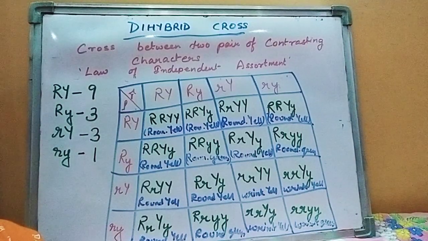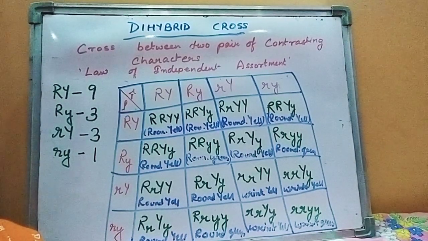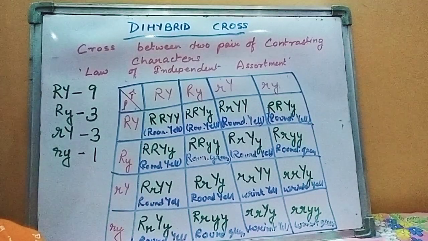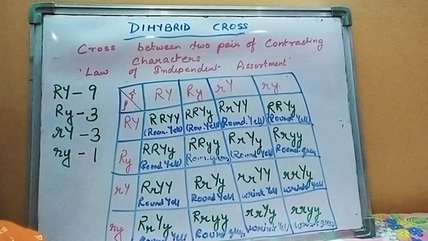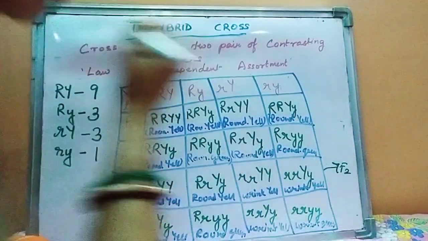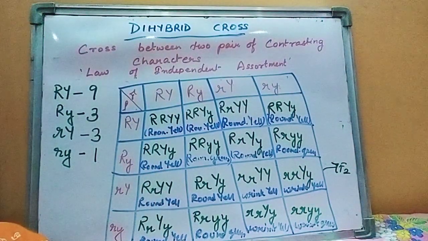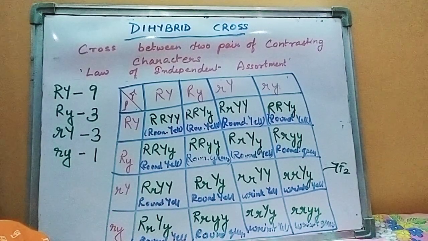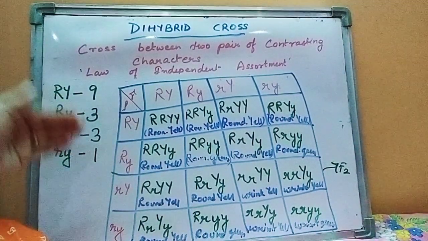So in this way, the characters got segregated, or the factors got distributed independently in the second filial generation. So this was F2, and if you are asked in the exam, write down the phenotypic ratio of F2 generation. It will come up to 9:3:3:1.